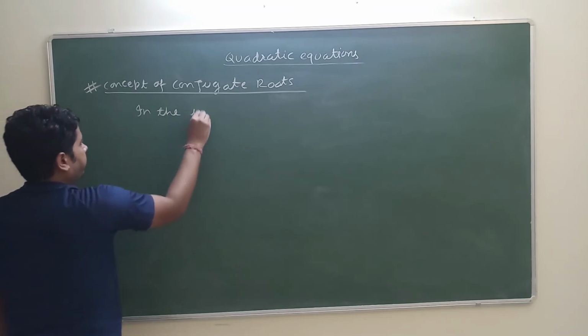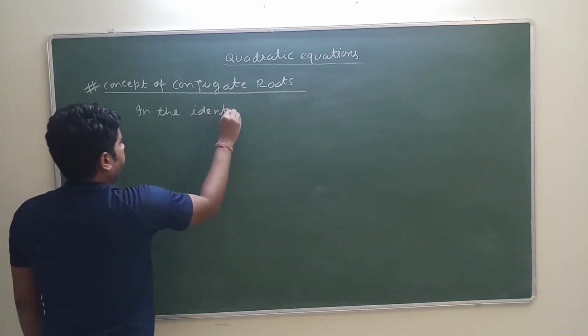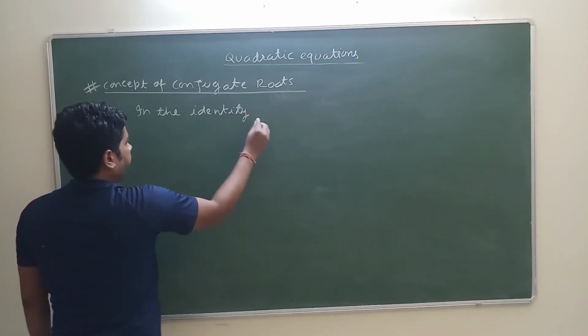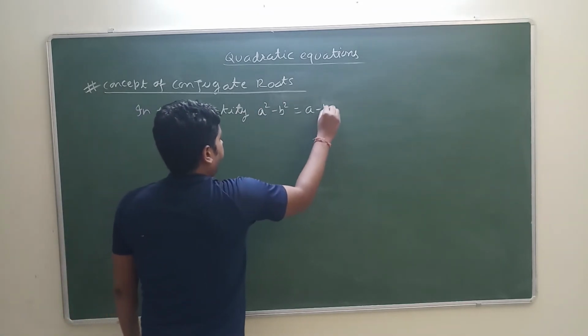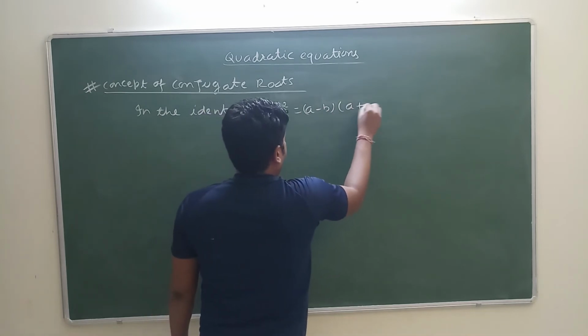In the identity, a square minus b square is equal to a minus b into a plus b.